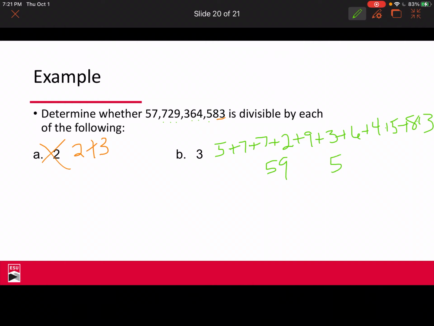And 5 plus 9 is 14, and 1 plus 4 is 5, and 3 doesn't divide 5, so it's not divisible by 3, right? And so we can't just look at that last digit and see that it's a 3. Maybe our hunch, our instinct is that it's divisible by 3, but it turns out that it's not divisible by 3.